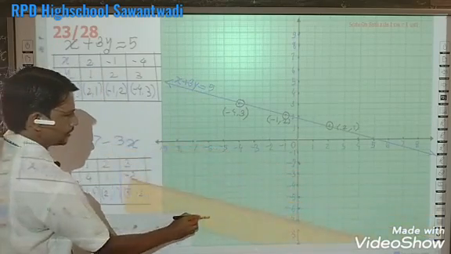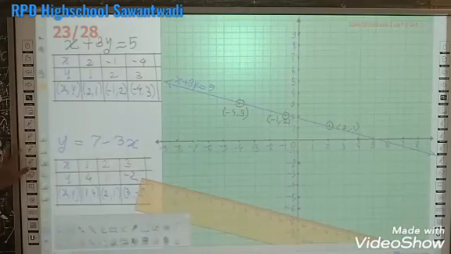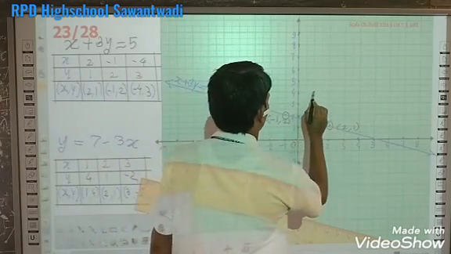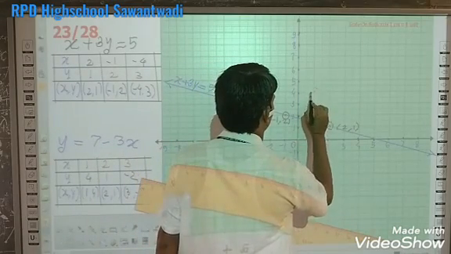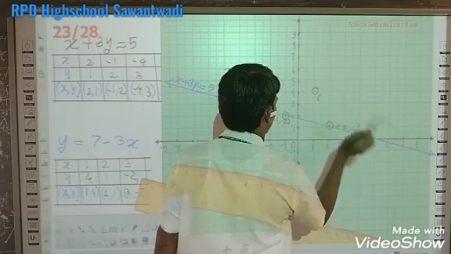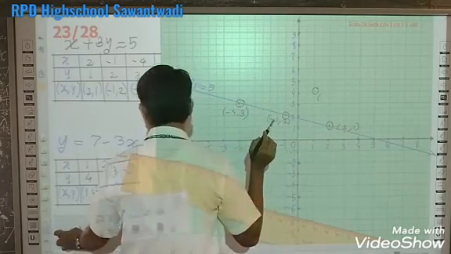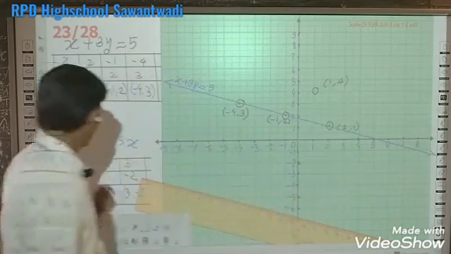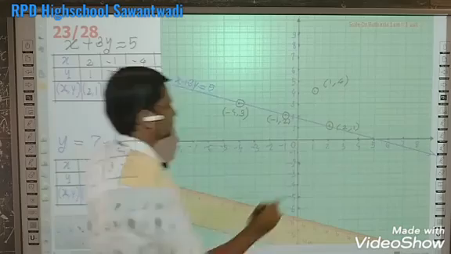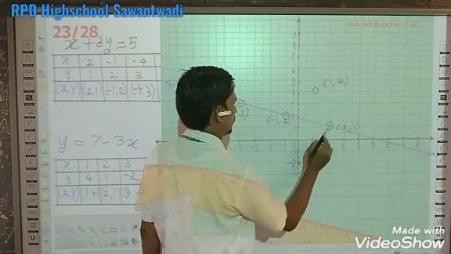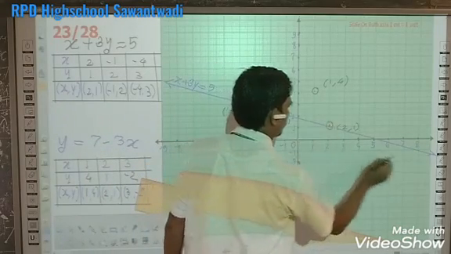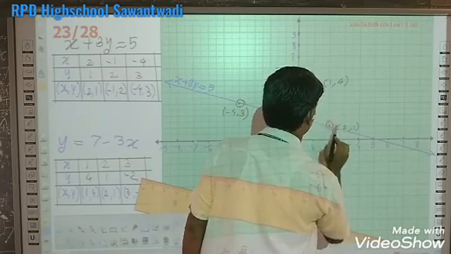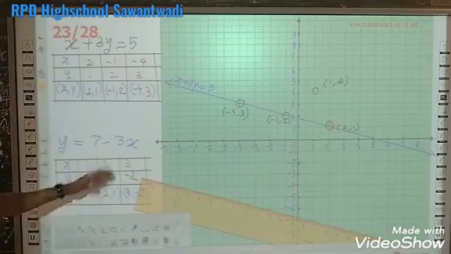Okay, by that time I'll keep this scale here. What is the next point? 1, 4. It is here. Next, second 2 comma 1, it is present here. You see. And next third point, 3 comma negative 2.